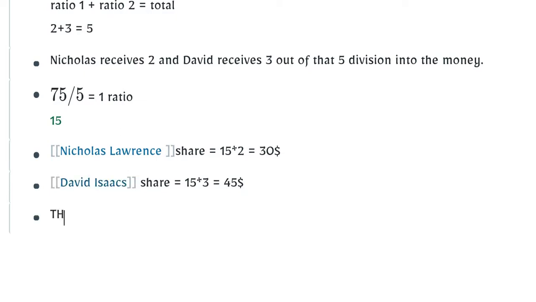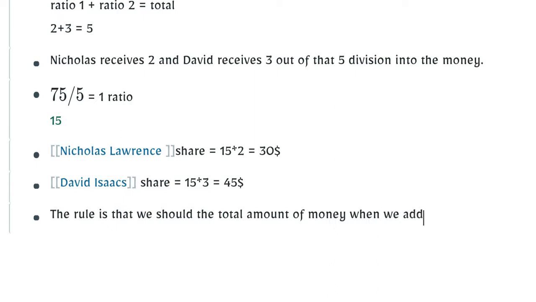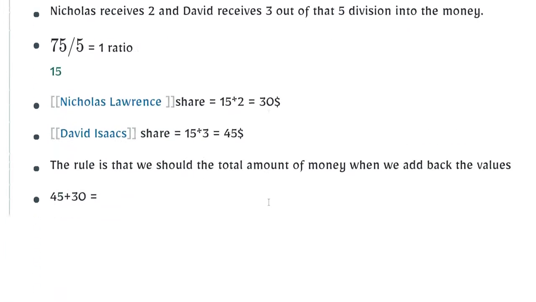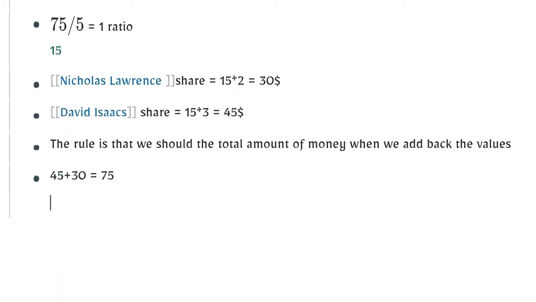So the rule is that we should get the total amount of money when we add back the values. So if we add 45 plus 30, that should give us back the original value, which was 75. And let's check. 45 plus 30 actually does give us 75. So we know that, therefore, this is proven.